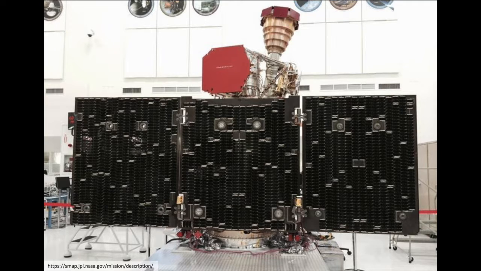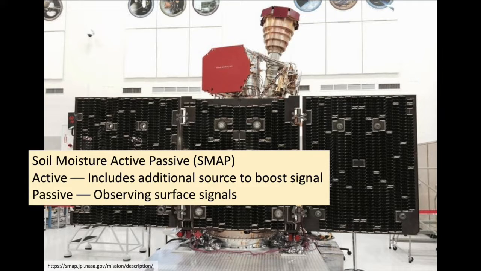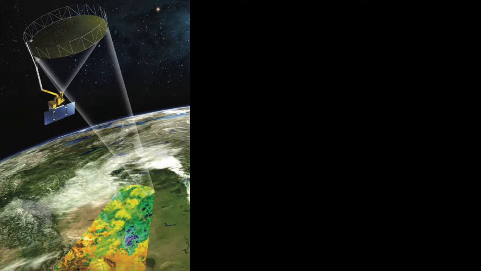So active passive means that it's going to be both passively observing some sort of signals from the Earth's surface, as well as active, meaning it's going to be trying to amplify those signals by boosting them with its own source of energy.